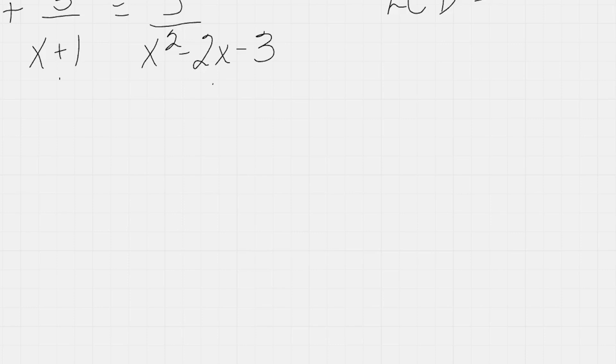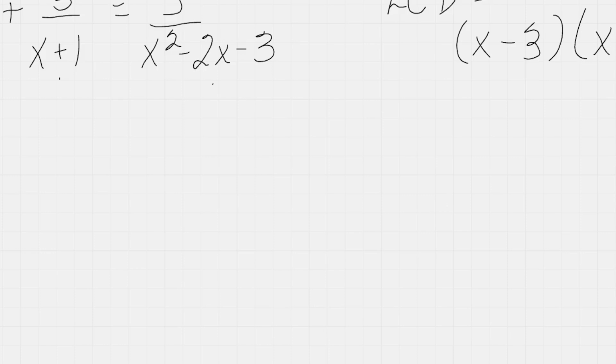Now, we want to eliminate these three values, so we know in order to eliminate them, we would need these values to be in our LCD. So our LCD for this problem will be x minus 3 times x plus 1. This LCD, these set of values, will eliminate all of your denominators.